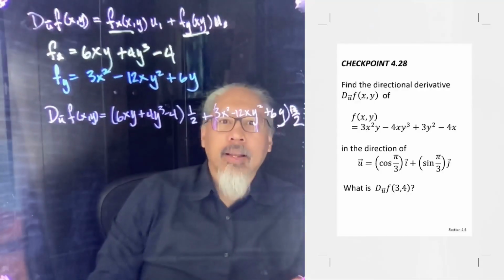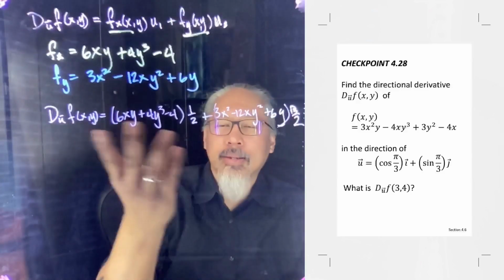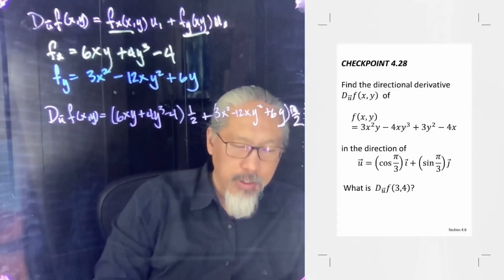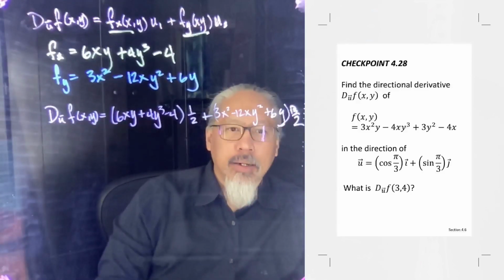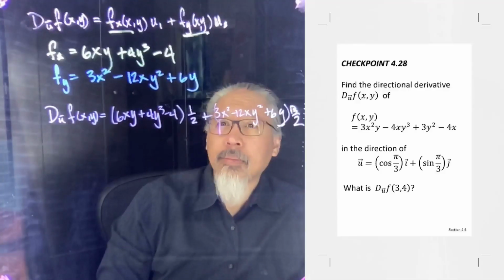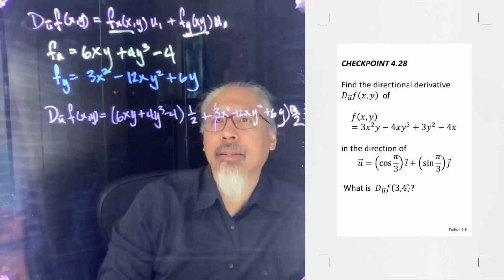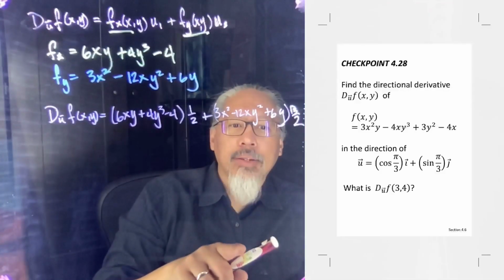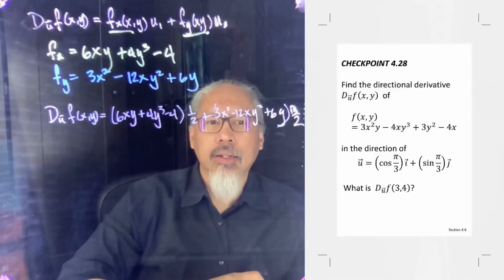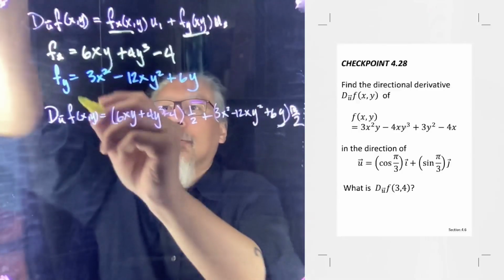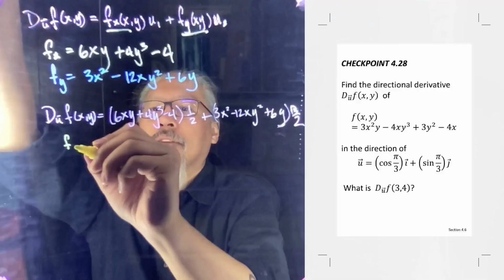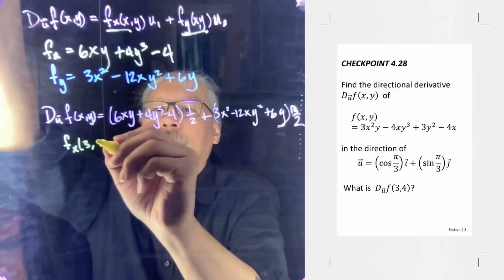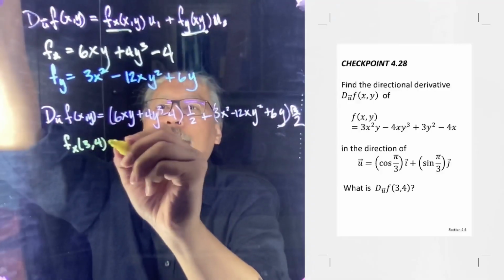Now we can simplify this just a little bit, but I don't think it'll be that big of a deal. Our next task is to figure out what happens at (3, 4). So we need to figure out what the functions are when x is 3 and y is 4.